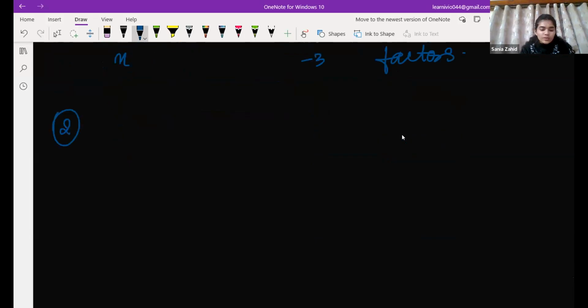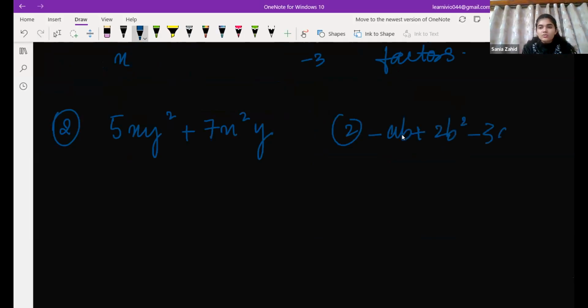Yes, ma'am. Okay. So make factor trees for 5xy square plus 7x square y, and next make one for minus ab plus 2b square minus 3a square. Razan, you make the second and Manha, you make the third. Okay, ma'am.